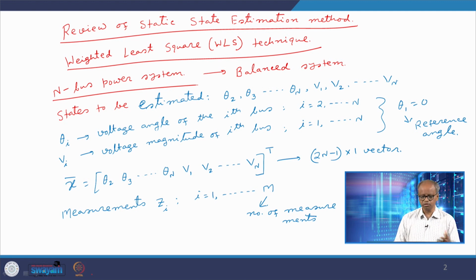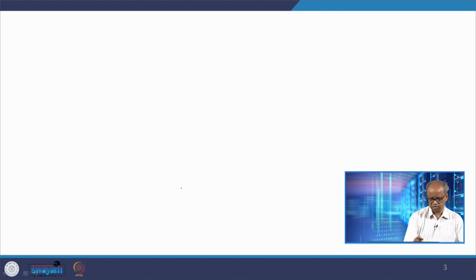Usually, to take into account bad data detection as well as bad data removal, we always make m greater than or equal to n. So, we put this measurement vector z as z1, z2 to zm.